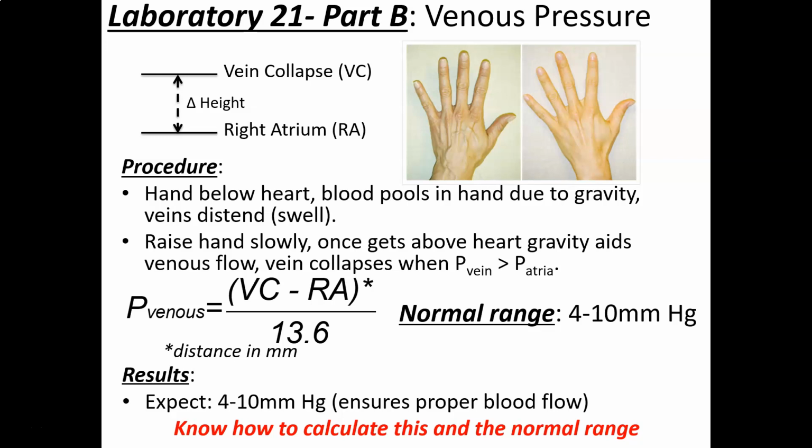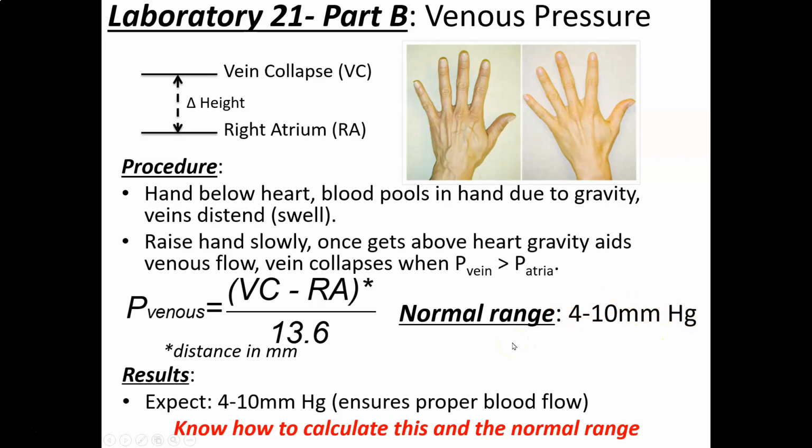And so if we measure that difference between the vein collapse and the right atrium, so that's the VC minus RA here in millimeters, and divide by 13.6 to take into account the difference between the density of your blood and the density of mercury, because mercury is a very, very dense liquid, then that answer will come out to our venous pressure. We expect most people's normal is 4 to 10 millimeters of mercury.